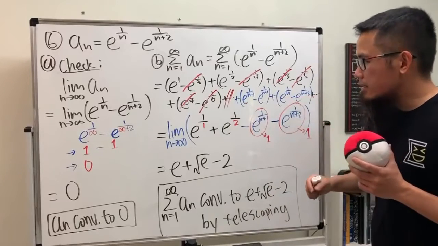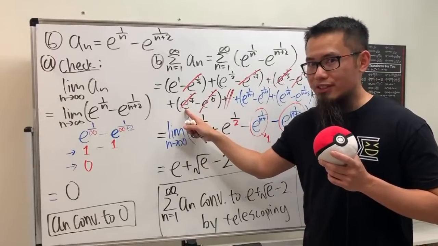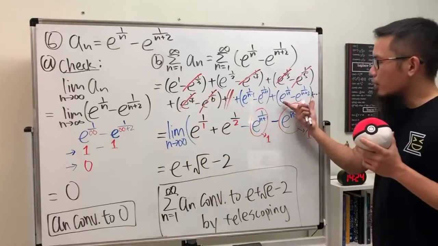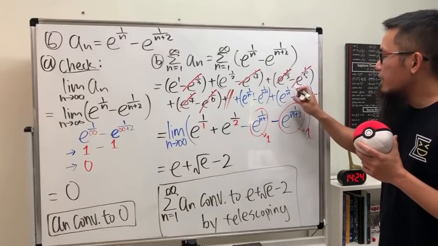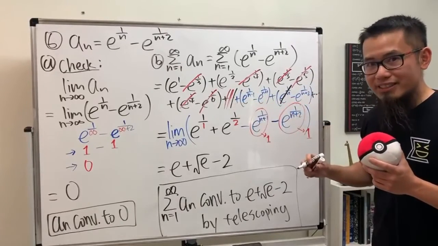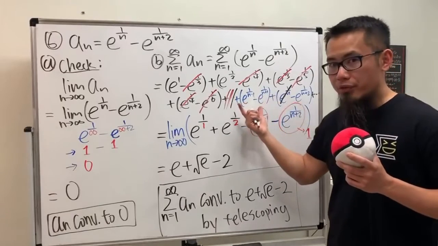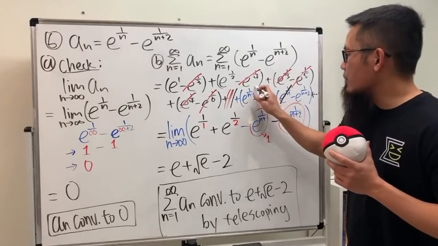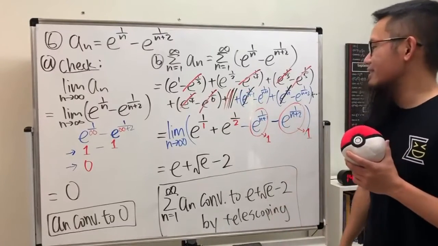And as I said earlier, in the parentheses right here, this guy gets cancelled out first. So if you look at this, here we have e to the 1/n. This is going to get cancelled out with some guy in the front right here, isn't it? Yes. And if you go to the previous term, this guy is going to get cancelled out with some guy beforehand, isn't it? Yes.